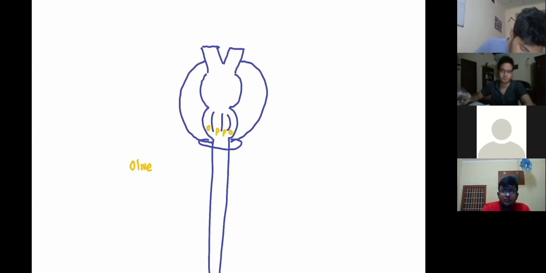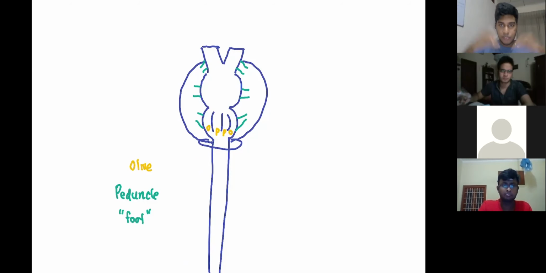Now, there are three connections from the medulla, the pons, and the midbrain to the cerebellum. These are called peduncles, or foot processes. It's basically the foot that touches the cerebellum.